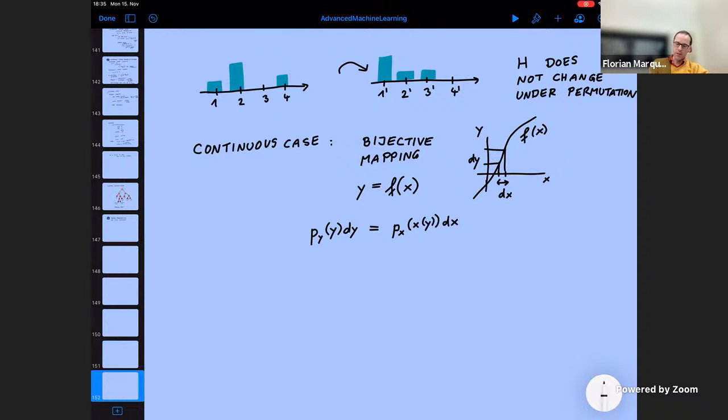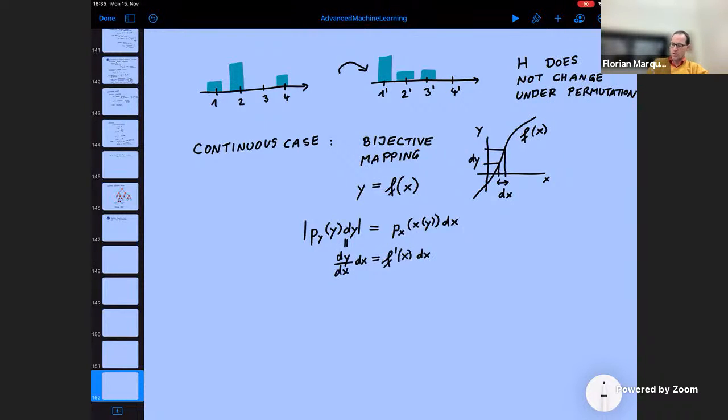Okay. We need to be a bit careful because it could be that this is a monotonously falling function, so then dy has a different sign than dx. So to be really on the safe side, maybe we want to put a magnitude sign here. Now, dy is, of course, dy over dx times dx, which is, we could say, f prime times dx, so the derivative of f times dx.